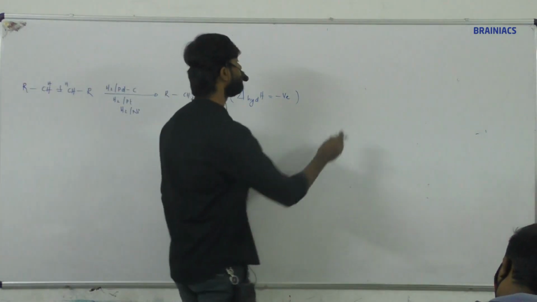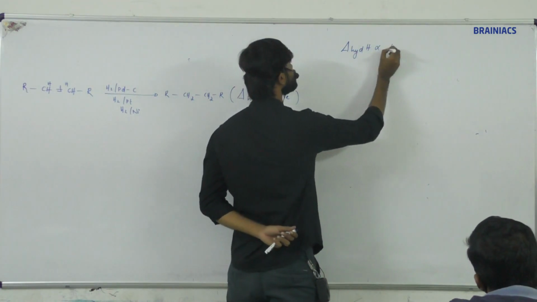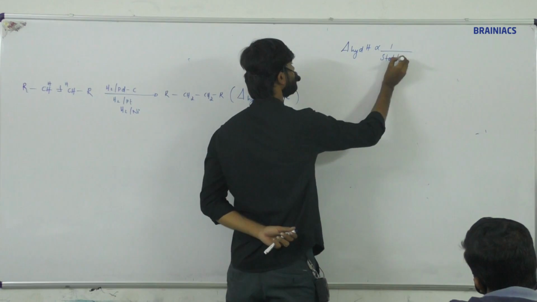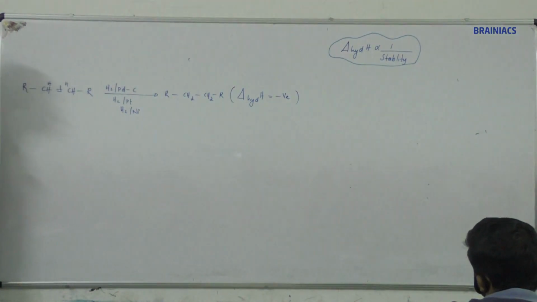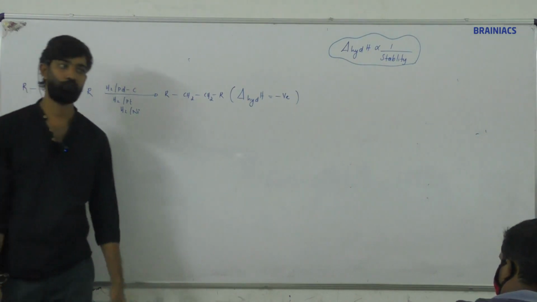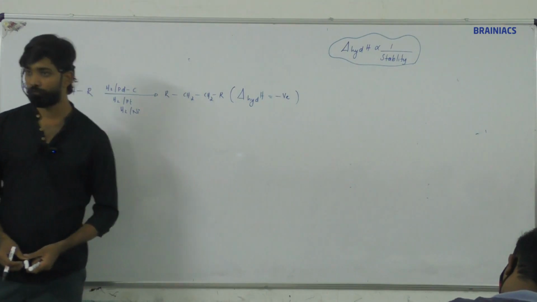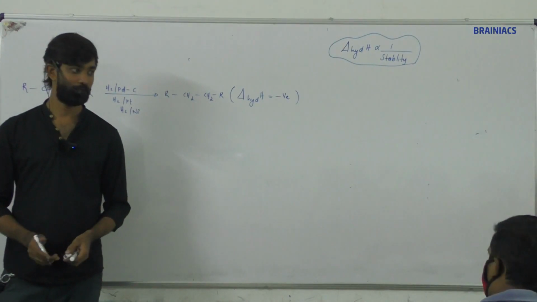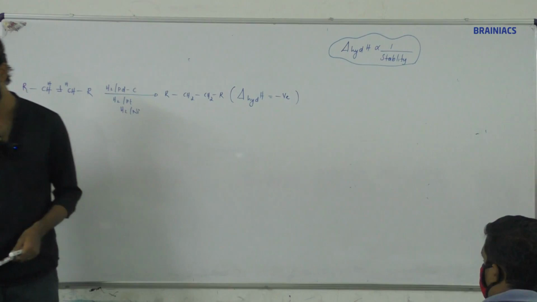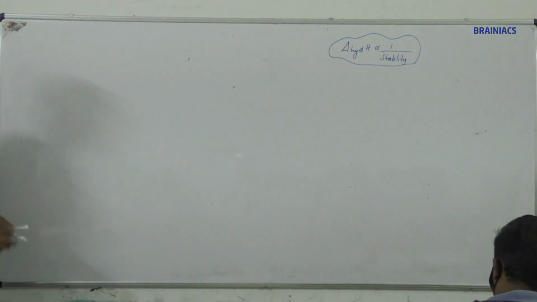The idea is that heat of hydrogenation is inversely proportional to stability. So if you are asked to arrange the following alkenes by heat of hydrogenation, you simply arrange them in the reverse order of stability. For that you have to know the order of stability. Fine.